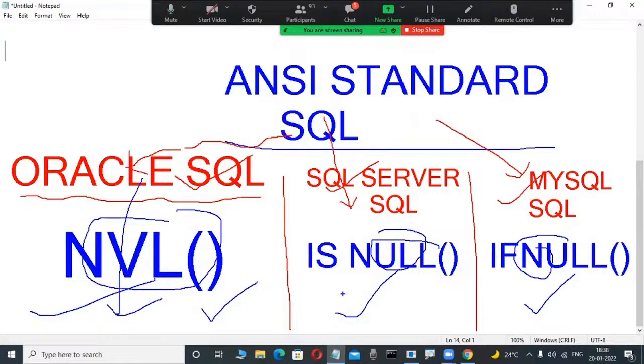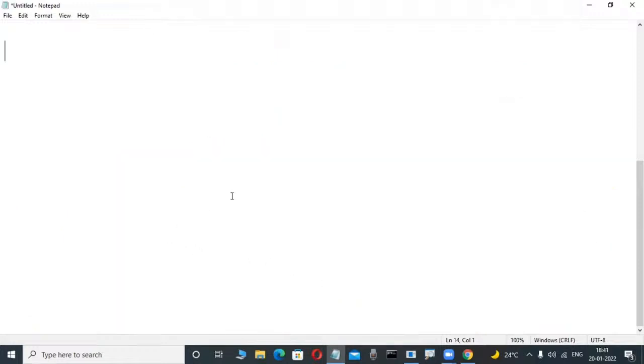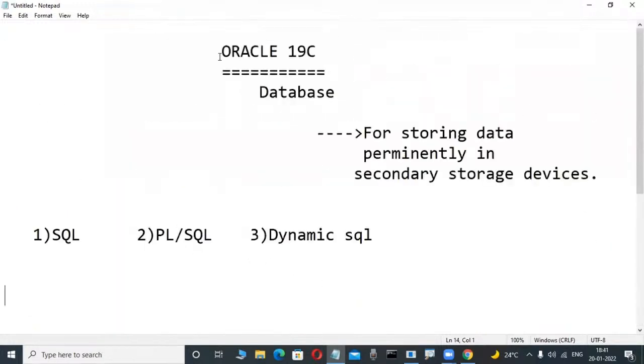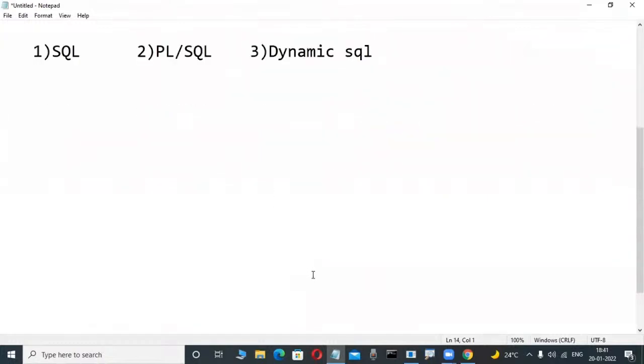That's why, always remember, SQL is an ANSI standard language. From that SQL language, Oracle Corporation created their own SQL language, called Oracle SQL.